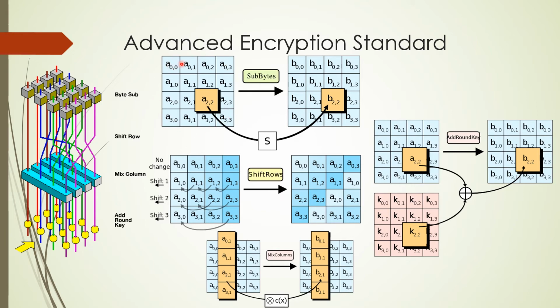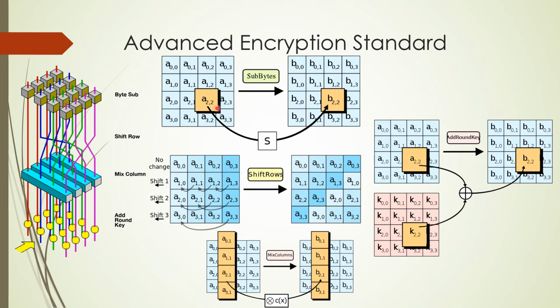We have 16 bytes as the input of this operation, and as the output we have 16 bytes. The input bytes are labeled by a_ij, i from 0 to 3, j from 0 to 3, and the outputs are the same, b_ij, i from 0 to 3, and j from 0 to 3.